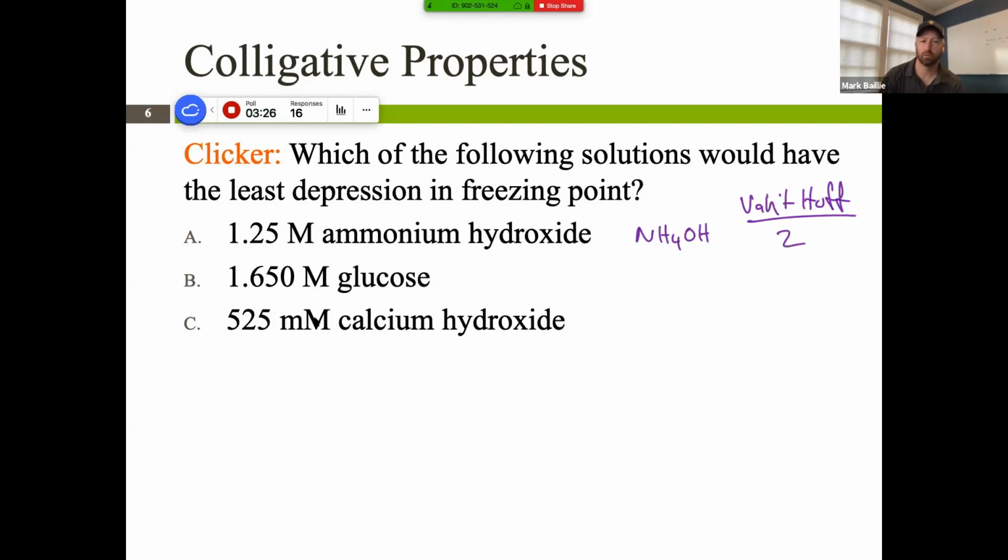Every 1 breaks into 2. So the actual concentration of solutes in solution is 2.50 for this compound. Does glucose break into particles? Are there any ionic bonds in glucose? Nope, van't Hoff factor is 1. What about calcium hydroxide? 3 particles.